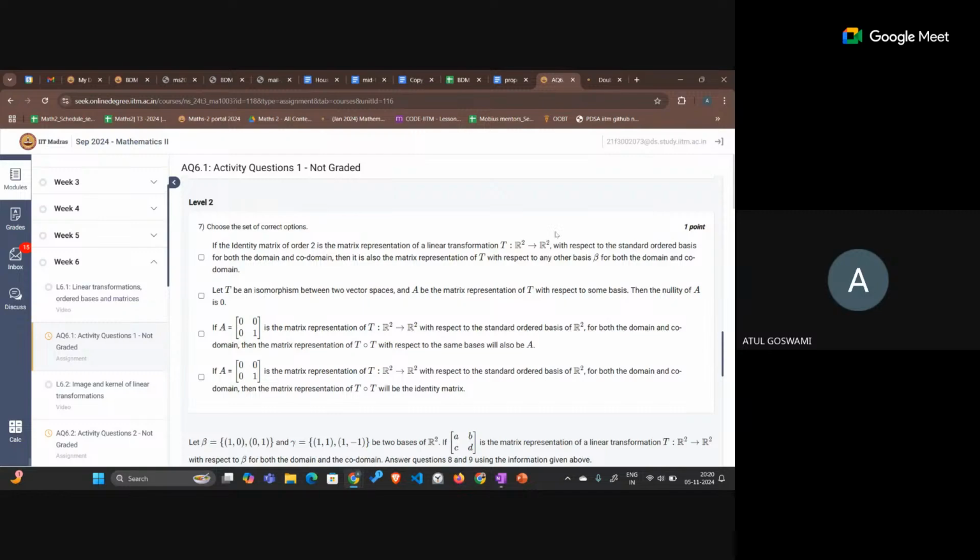From the above information, we first find out T with the identity matrix of order 2, and T is (x, y). No change, so this is possible only when the matrix is always the identity matrix.